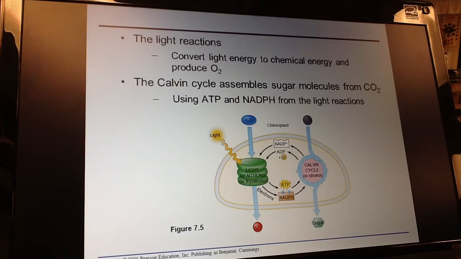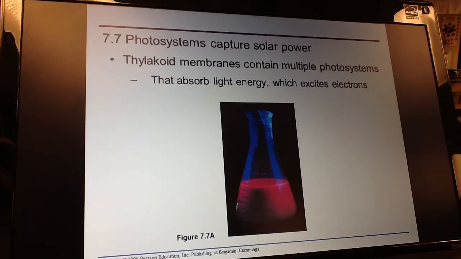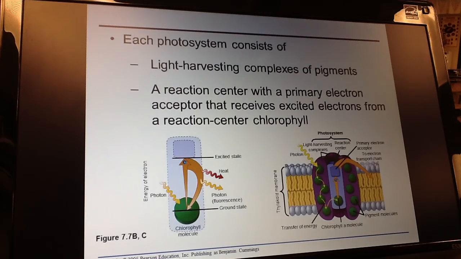We focused on the light reactions and how they use water as a way of generating oxygen. Now we're going to focus on using the ATP and the NADPH with carbon dioxide to ultimately produce our glucose, or sugar molecule. We talked about how photosynthesis has these photosystems which gather light energy and use it to transfer that energy into the electron.